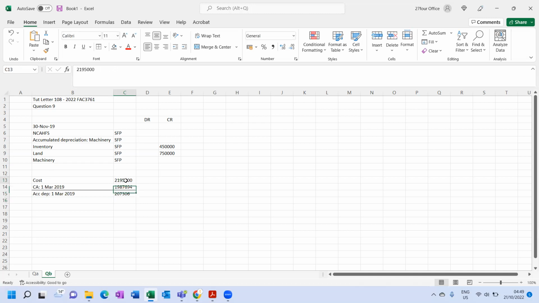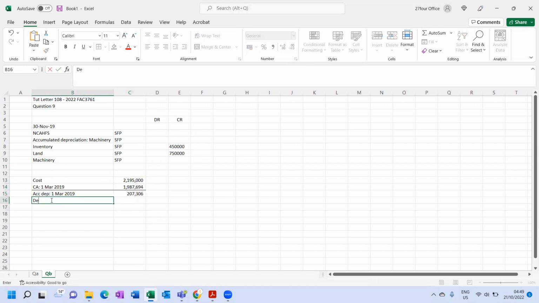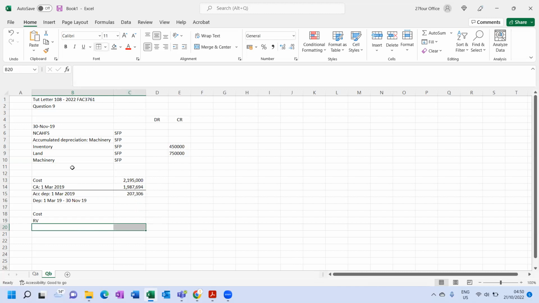But now we don't want accumulated depreciation on 1 March 2019. We want accumulated depreciation at the date of reclassification, the change in intention. So we'll need to work out depreciation from 1 March 19 to 30 November 19. Cost less residual value gives the depreciable amount.